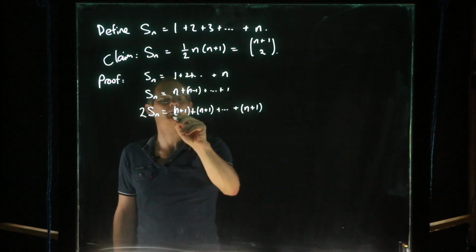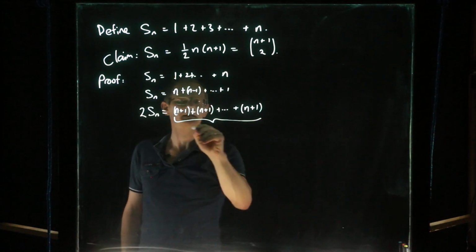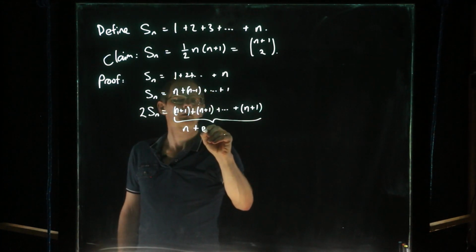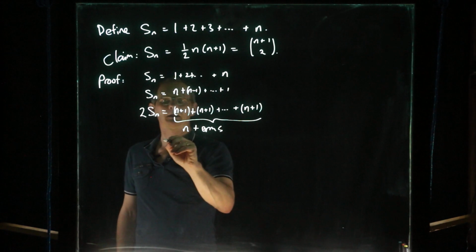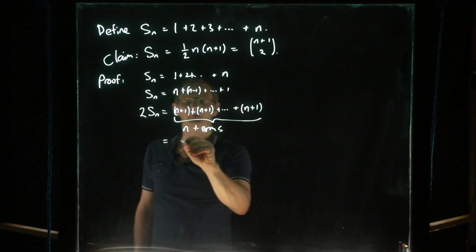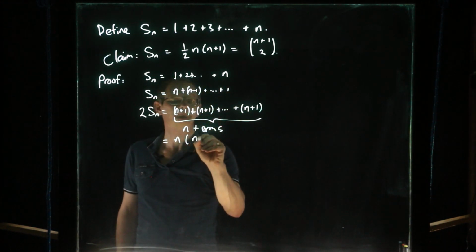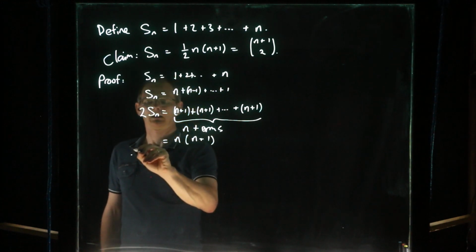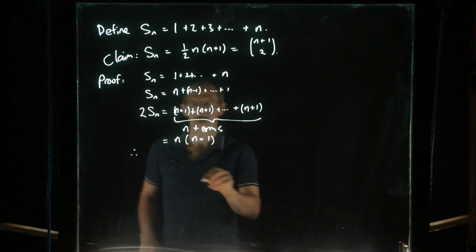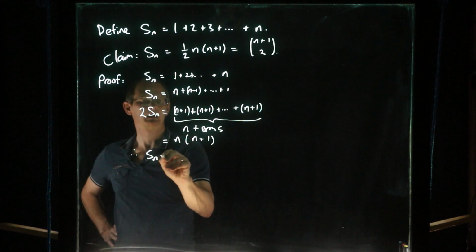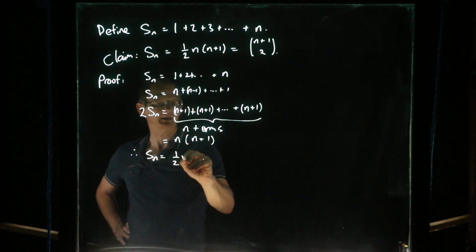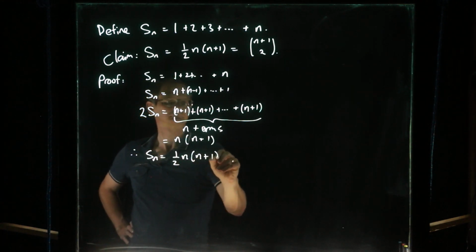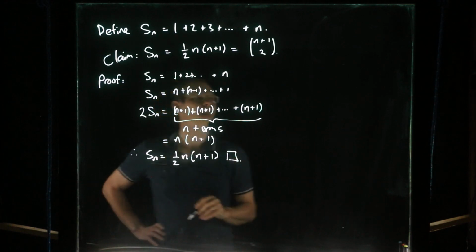We're combining them in pairs, so what we've got here again is n terms. So that's n terms, each of them equal to n plus 1, so that's n times n plus 1. And so that was 2Sn, and so we see that Sn is just half that. Okay, that's what we were supposed to prove.